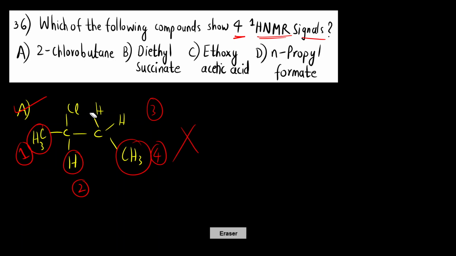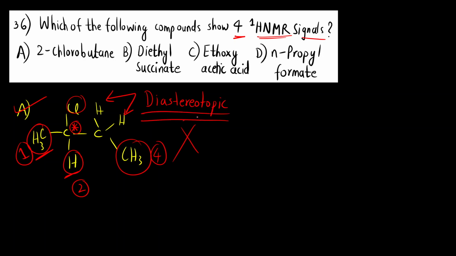Why? Because this carbon, if you see, it is a chiral carbon. Okay, Cl, methyl, hydrogen, and this ethyl group. So if it is a chiral carbon, remember that these two hydrogens are going to be diastereotopic protons.